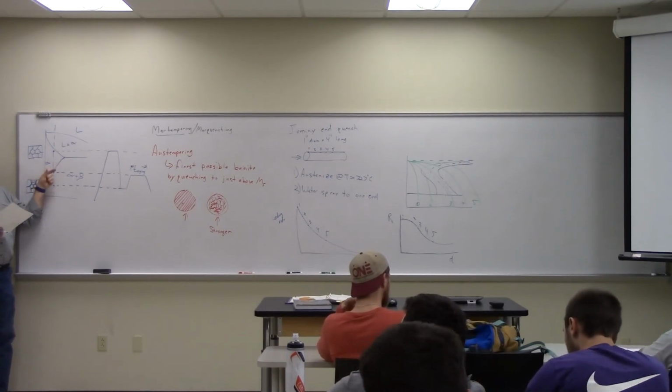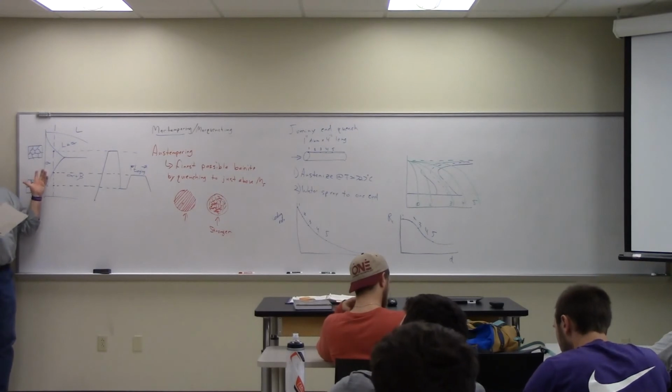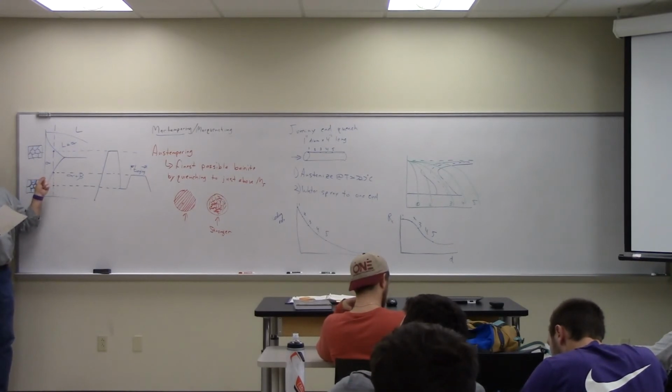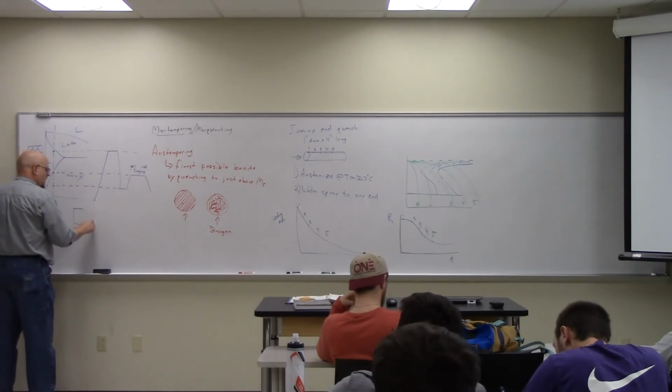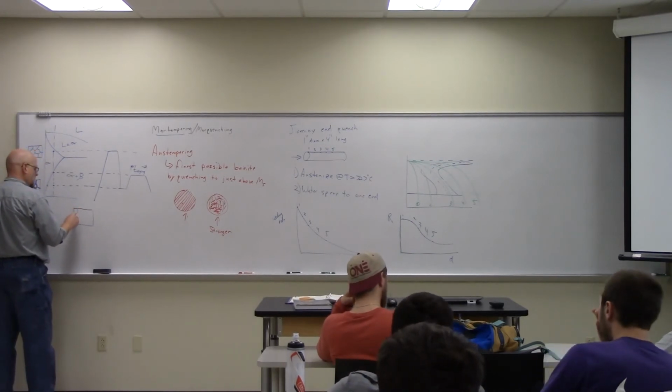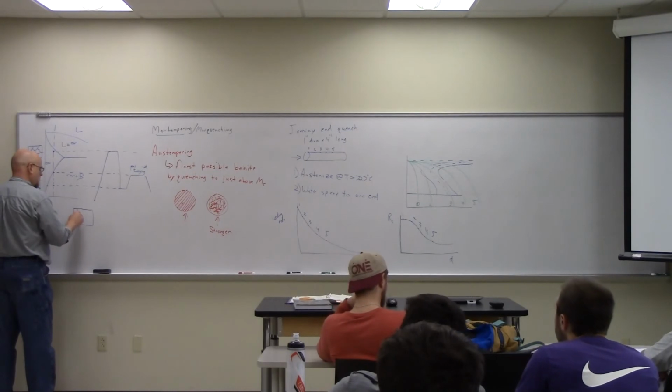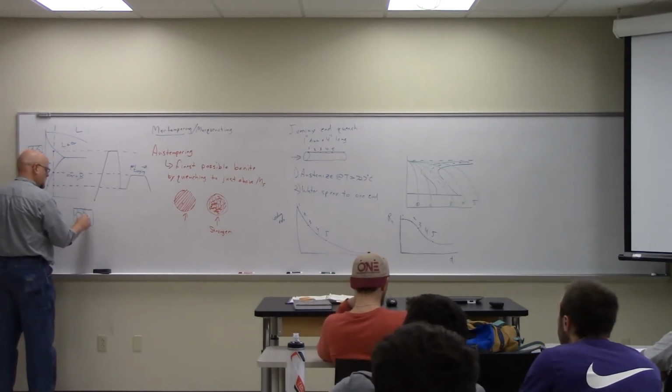But I'm staying there long enough that beta can come out wherever it wants to. It doesn't have to just happen at the grain boundaries. And so what happens at this point is my alpha, right?